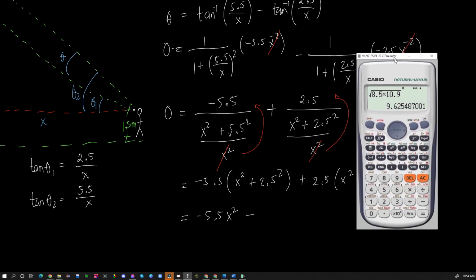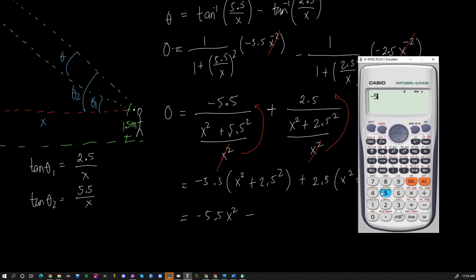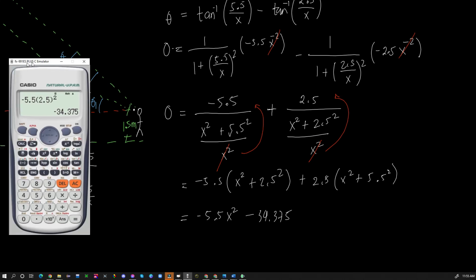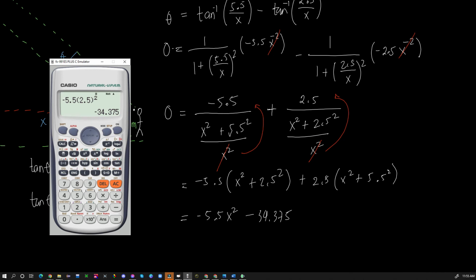Calculator. 24.375. Sunod. Plus 2.5 x squared plus 2.5 times 5.5 squared, 25.625.